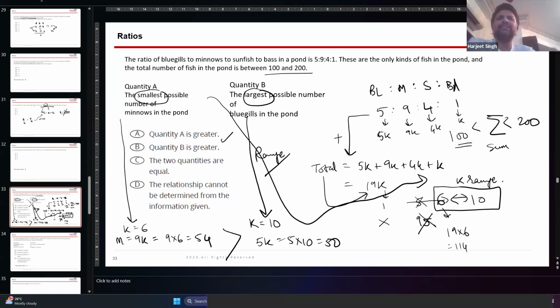And once you find the least and the maximum value of K, then you can express the rest of the variables as a function of least value of K and highest value of K. So this is an important star mark here, important type. When you want to score 85, 90, higher percentile in quant, we need to get such kind of questions correct.